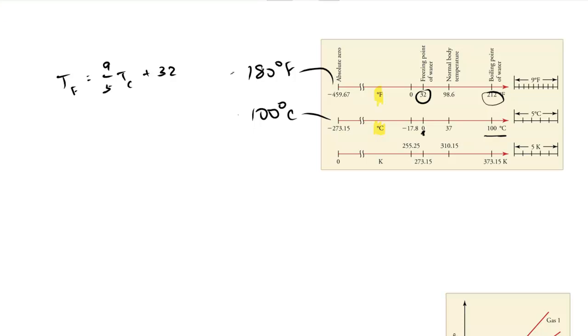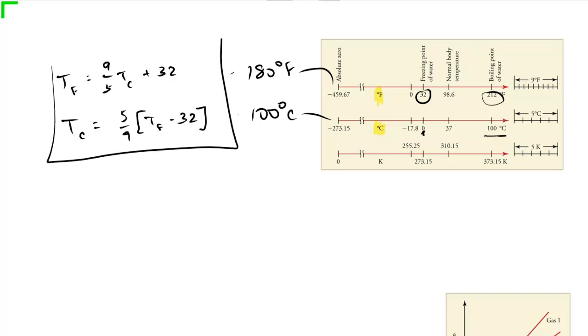The conversion between Celsius and Fahrenheit then is just rearranging and solving this, is going to be 5/9 of the Fahrenheit temperature minus 32. 5/9 of the difference between the Fahrenheit and 32. So these are the conversions between these two.